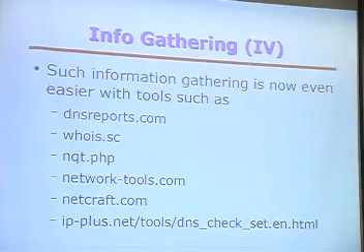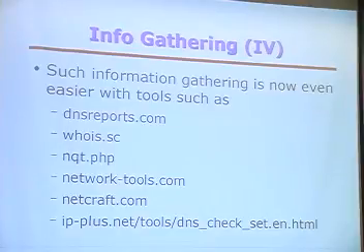And especially nowadays, there are a lot of websites that allow you to utilize all these techniques in a much more straightforward manner. So there's dnsreports.com, which will give you a whole 5-6 page report on the DNS structure of an organization or company. Whois.sc, which can do a lot of interesting lookups on domains or IP addresses. nqt.php, which you can find using Google, is the network query tool.